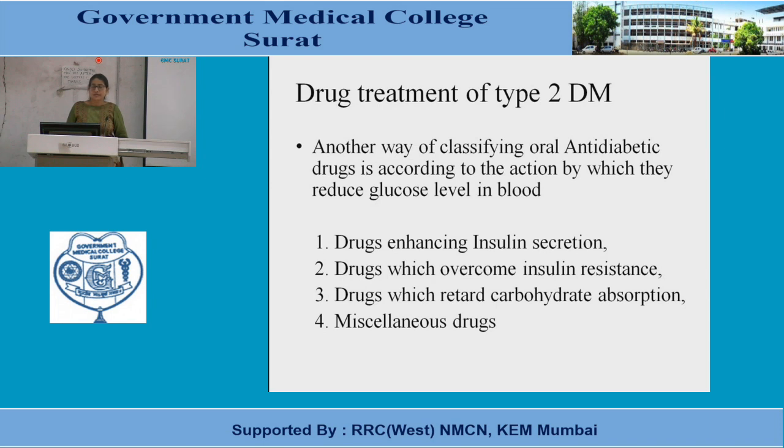Then, in type 2 diabetes mellitus patients, there is found to be resistance to insulin action, so one group of drugs overcomes the insulin resistance. Then, as we have just talked about, GLP-1 and other drugs which inhibit or retard carbohydrate absorption in the GIT. And then we can club the rest of the drugs under miscellaneous drugs.